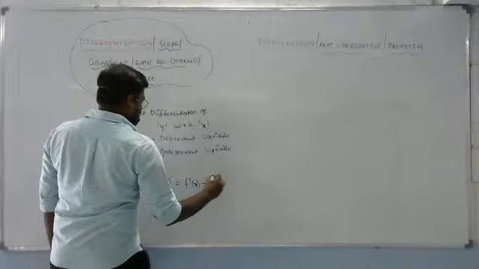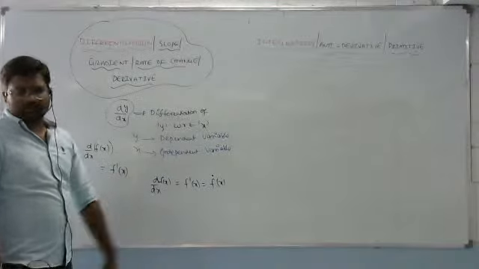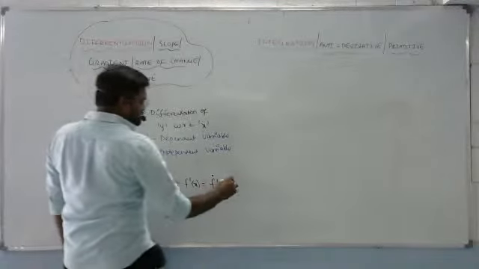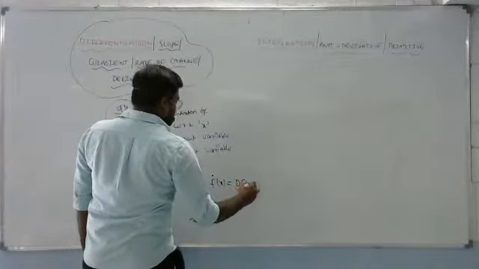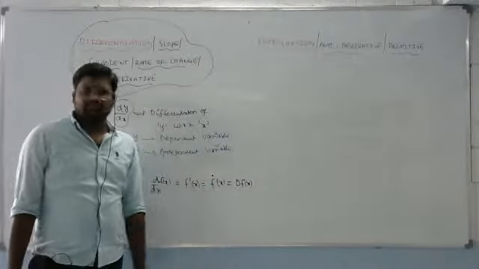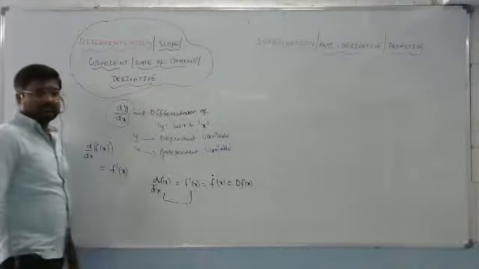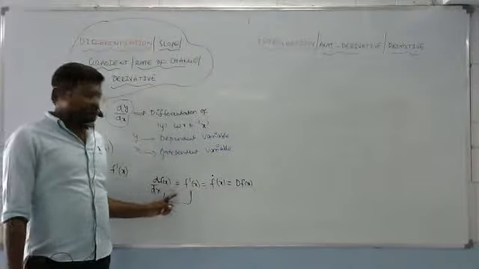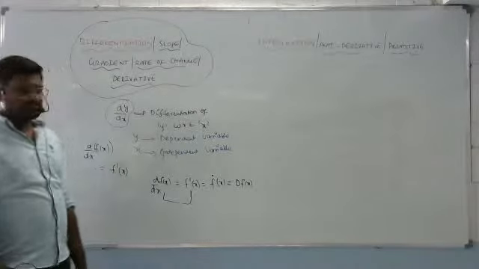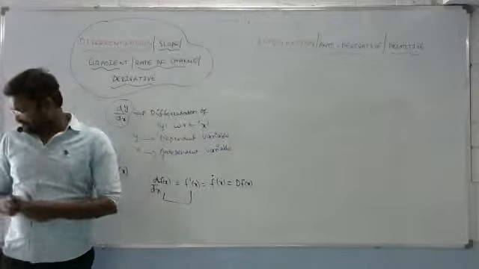It is also the same as f dot of x. Different notations. Sometimes it can also be written as d f of x, that means differentiation of f of x. But most of the time we will use these two notations only. Don't worry. d by dx of f of x or f dash of x. Both are the same. So this is the differentiation of the function f of x.